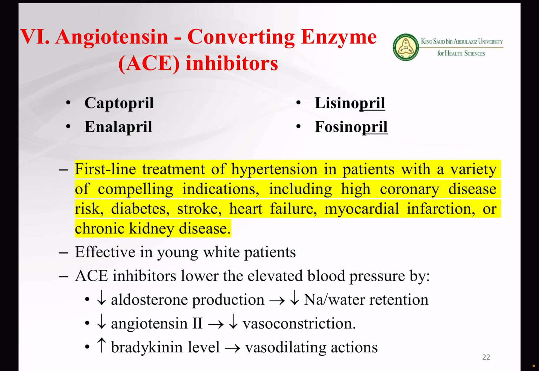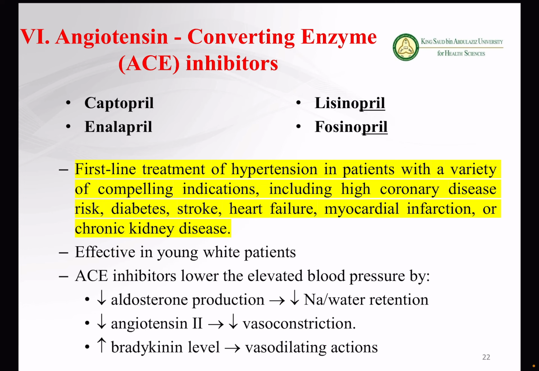Okay? Now, how do these drugs work? These ACE inhibitors lower the elevated blood pressure by different mechanisms. Number one, if you remember, we discussed that these drugs stop the conversion of angiotensin 1 to 2. We discussed that 2 is the vasoconstrictor, but 1 is not.